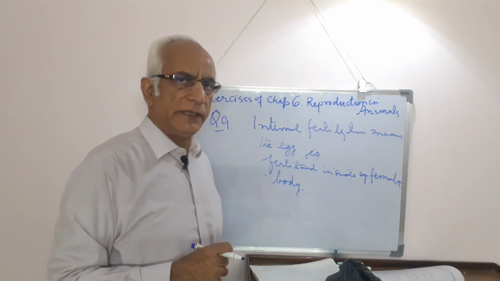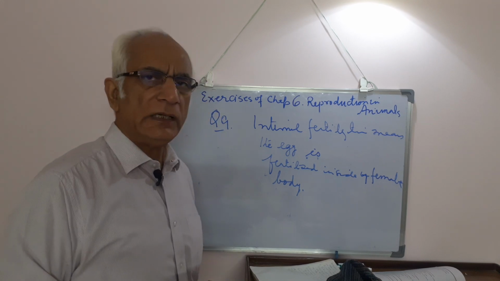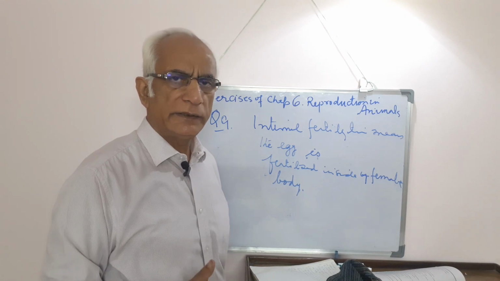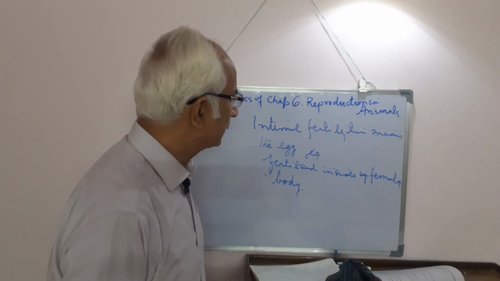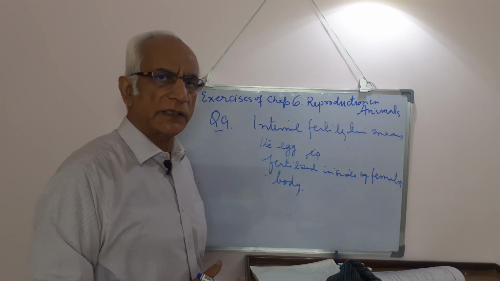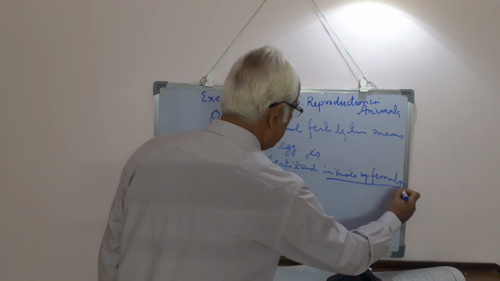The male gamete has to enter the female body. There, the male gamete will fuse with the female gamete and they will form a zygote, which is the cell at the first stage of development of a new baby. So this happens inside the female body.